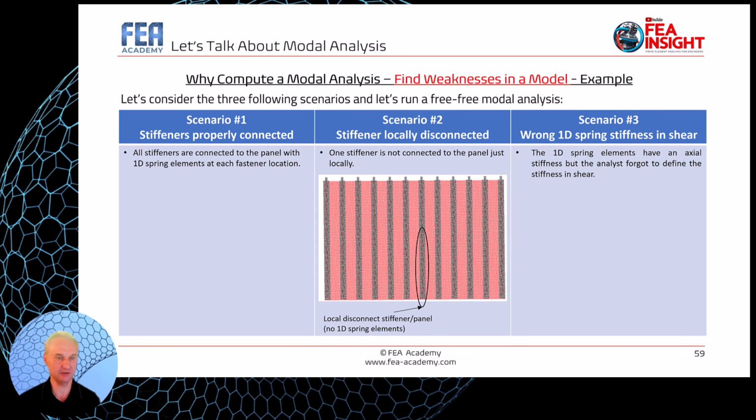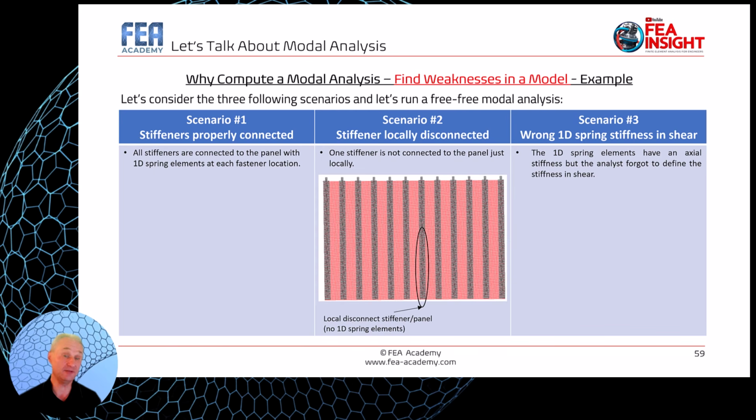The second scenario is with a stiffener locally disconnected. You see here in this circle, when I created the model, I forgot to create the 1D spring elements representing the fasteners attaching the stiffener to the panel.